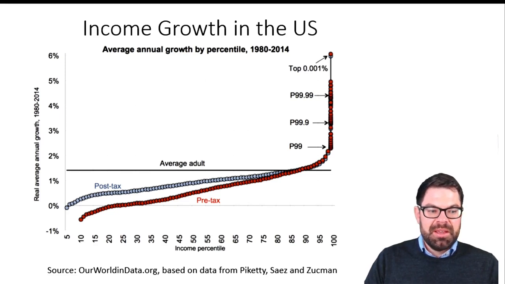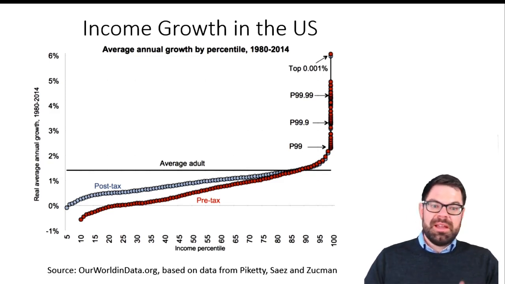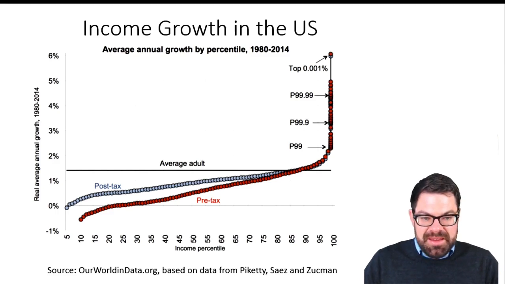They also have a very nice website that I link in this lecture at some point, called the World Income Database, where they compiled lots of data. You can download it, you can play around with it, you can visualize things very easily.